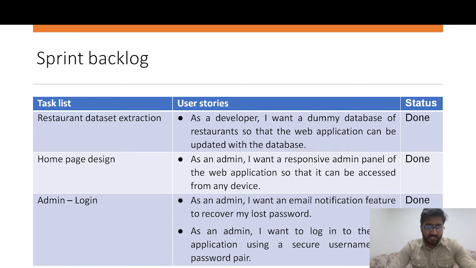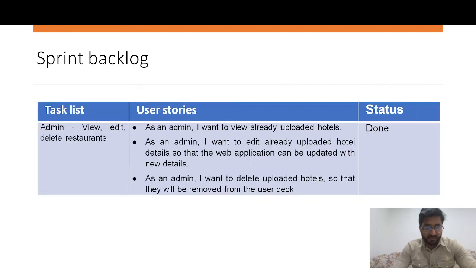So here we have the sprint backlogs. In these sprint backlogs, we have done user stories. We first created a user extension, data extension, and we created a home page design, and again we created a login page and registration page.